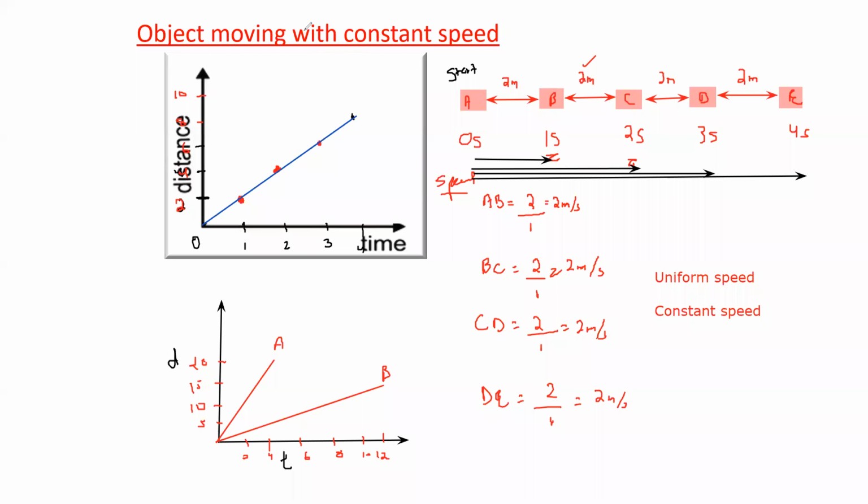My question is, which object, A or B, is moving at a higher constant speed?